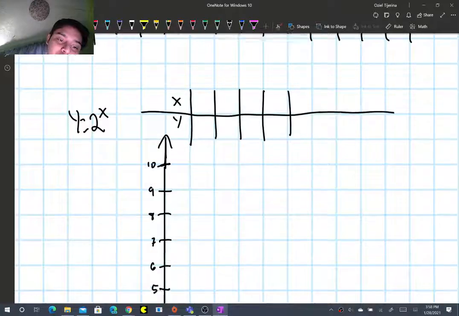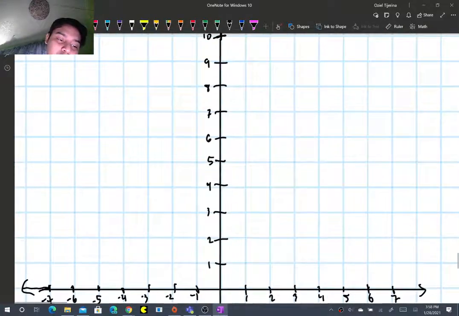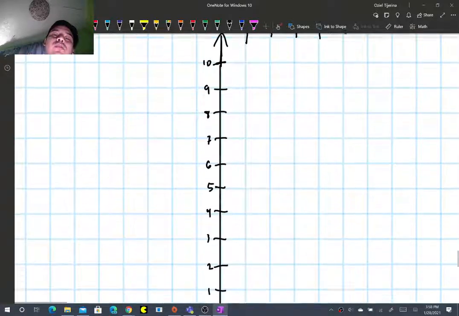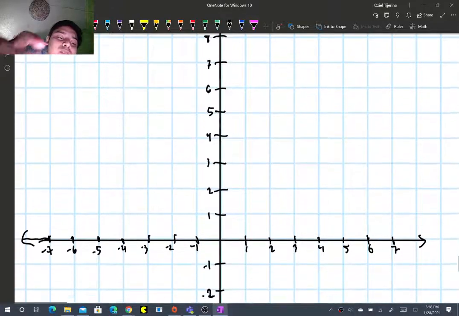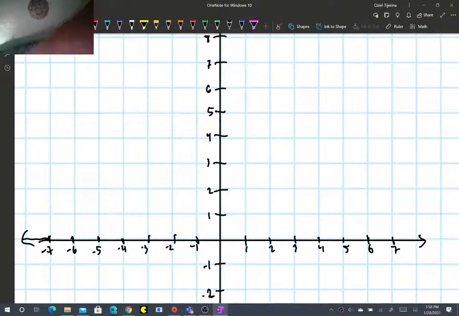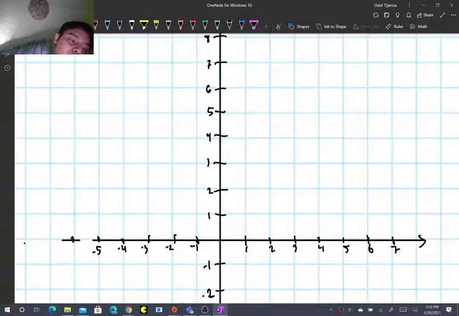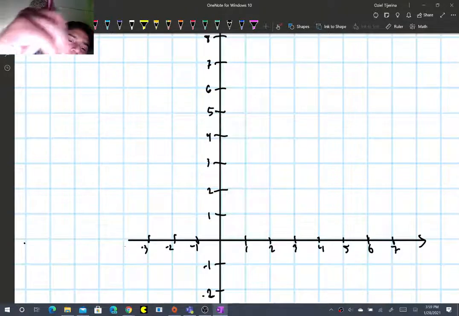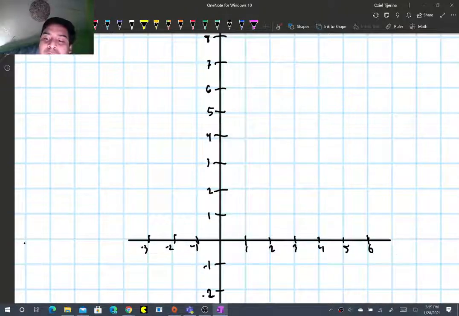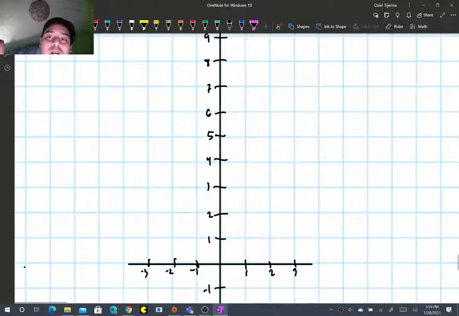So when x equals, for example, I can say when x equals -4, or actually, I'll say it's all the way up to 3 for this one, because the thing is, if it's up to 4, it's gonna be a lot more.